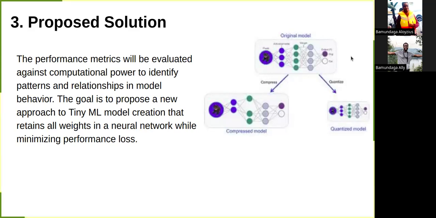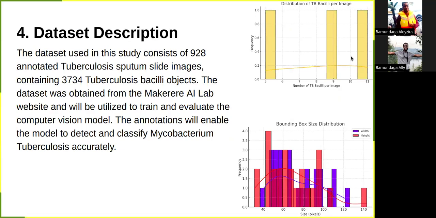The goal is to propose a new approach to tiny machine learning model creation that retains all weights as in larger models, in order to minimize performance loss. We can't retain all the performance, but maybe we can even get more. You never know. It's just a research question.